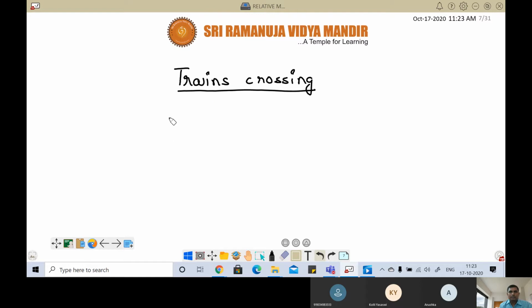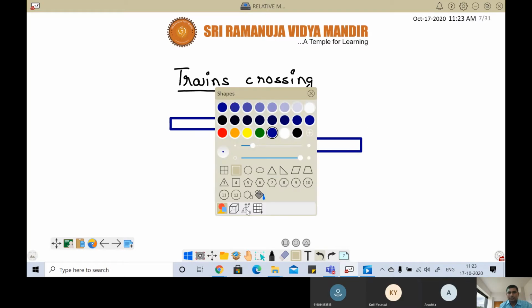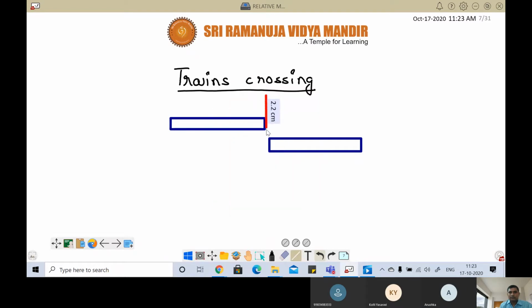Suppose one train you should draw like this, another train should be drawn like this. So this is the starting point.